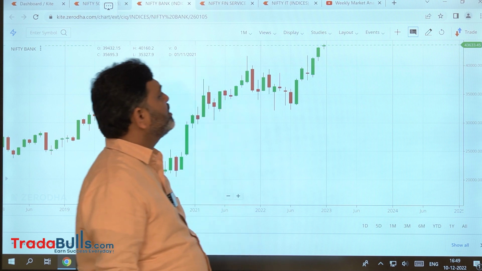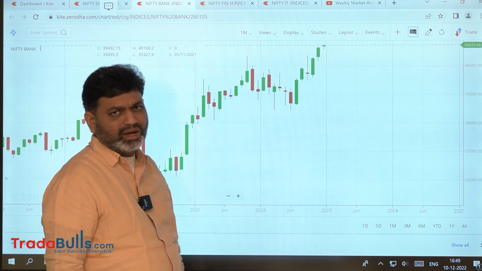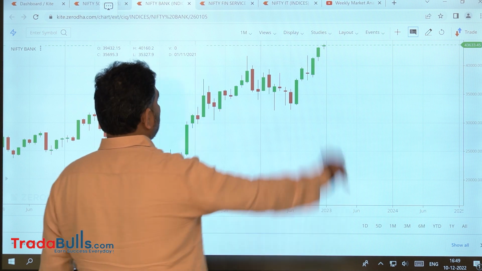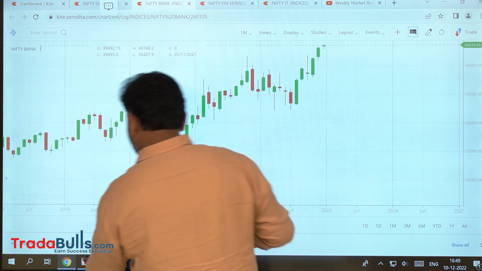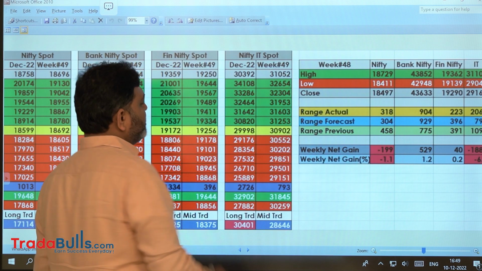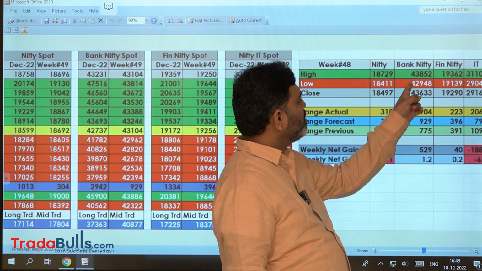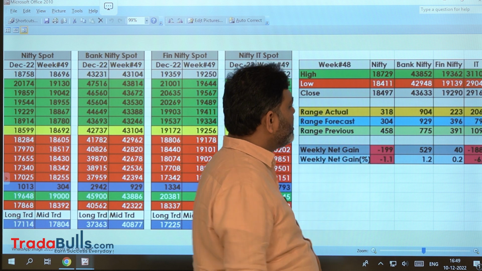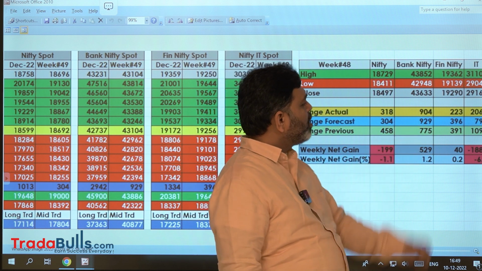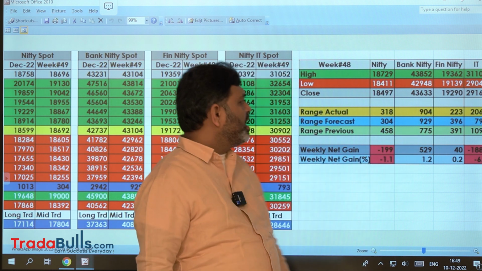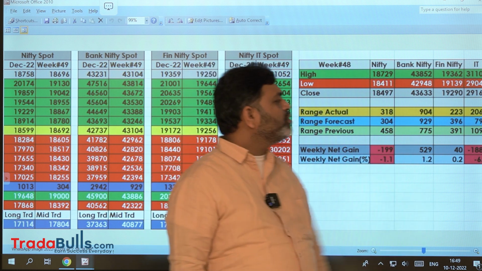We need to see whether it will take any pause here or continue the trend. According to our data points and statistics, Bank Nifty high was formed at about 43,852 and low was 42,948. The overall range formed was more than 900 points, and we anticipated about 929 points.